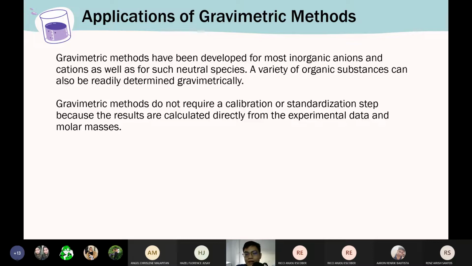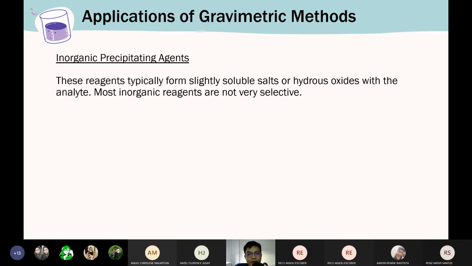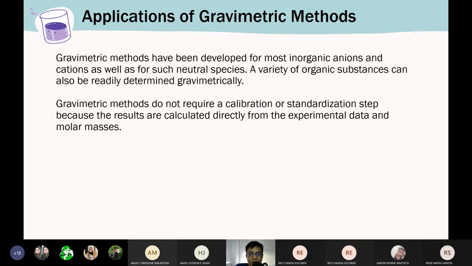Okay? However, there are some organic compounds that can be also quantified by gravimetry. Although, hindi siya common. Why? Because the tendency of organic compound is that they decompose at higher temperature. So, they are kind of unstable in higher temperature.